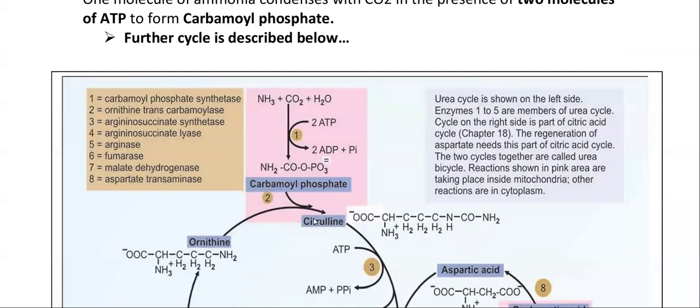Then carbonyl phosphate turns into citrulline in the presence of ornithine transcarbamylase.